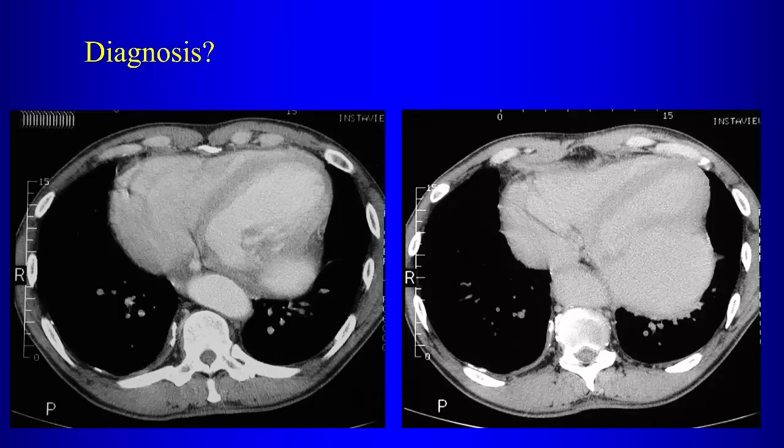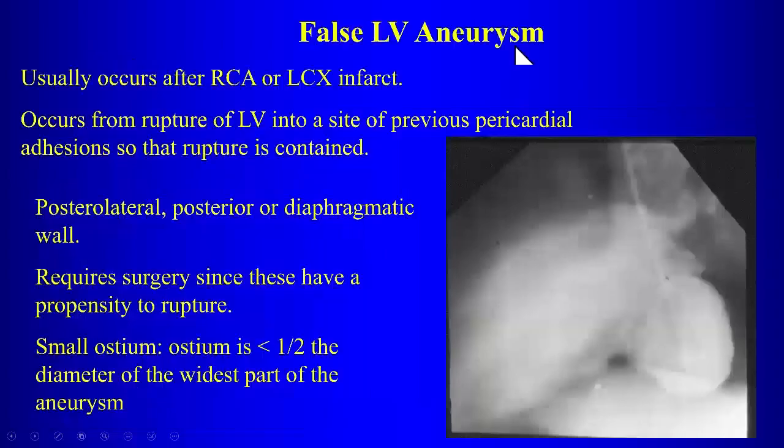Yes. So with a false aneurysm, you have a narrow mouth. With a true aneurysm, you have a wide mouth. So here you can't even see the mouth, the neck of the aneurysm. So on imaging studies, that's what we usually rely on. We try to evaluate the mouth of the aneurysm. True aneurysms are associated with a wide mouth, and false aneurysms are associated with a narrow neck.